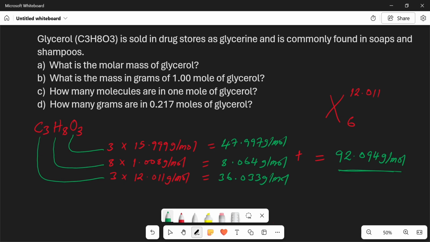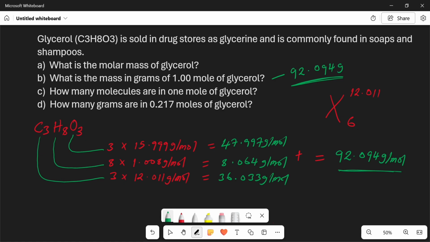Having that information, we understand that the mass in grams of 1 mole of glycerol is still going to be equal to its molar mass. So our answer for this one is the same as the molar mass. The only difference is that the molar mass is in grams per mole, and the mass is just in grams. So this is our answer for B.